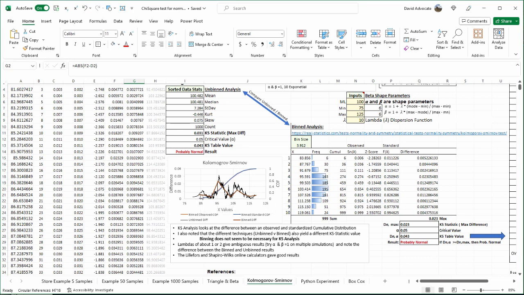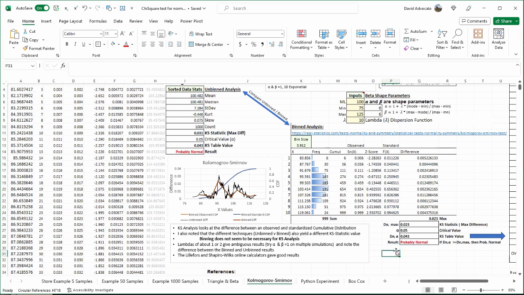And here in the black line, we look at the difference for these x values. The black is the unbinned analysis, and the brown is from the table. Both the unbinned and the binned say that this is probably normal.